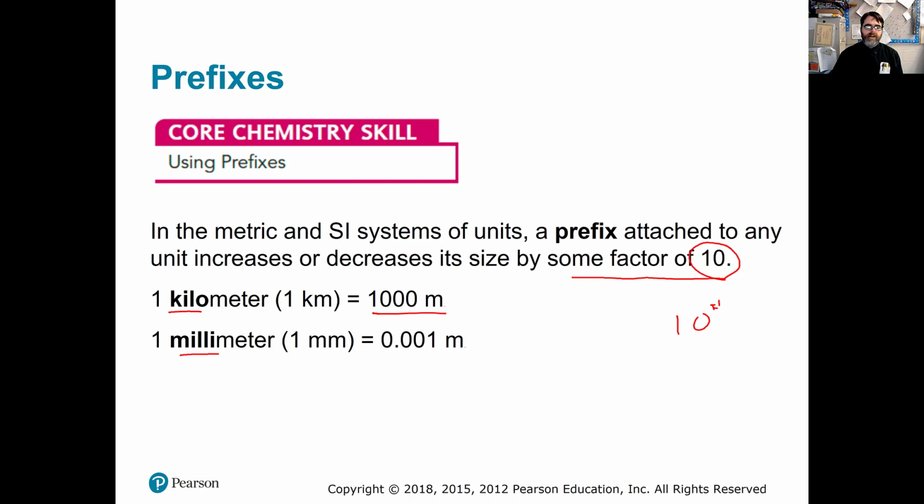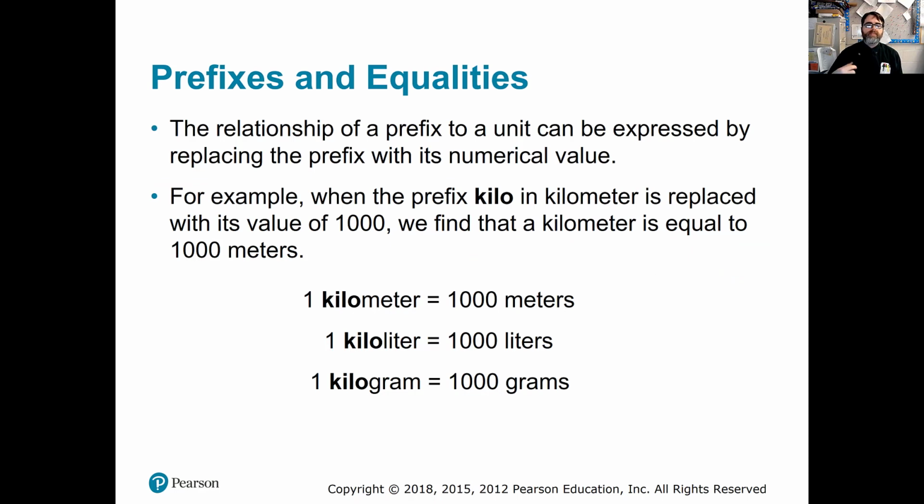A millimeter also means 1,000, but it means that we have a thousandth of a meter. And so again, kilo simply means that we have 1,000, and they have different examples here using the regular units and then the prefixed units.